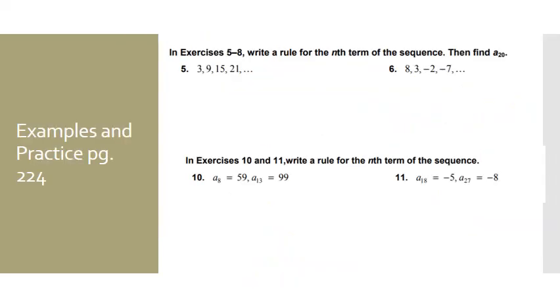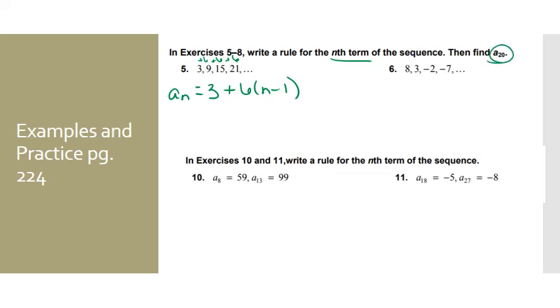Okay, now would be a good time to pause and play. I would pause, work numbers 5 and 6, and then go back and play and see how you did. So what we want to do here is write the nth term. So I'm looking for a sub n, and a sub 1 is going to be 3 in this case. My difference looks like it's going to be 6. So I'm going to use 6 times n minus 1, and therefore there's my rule.